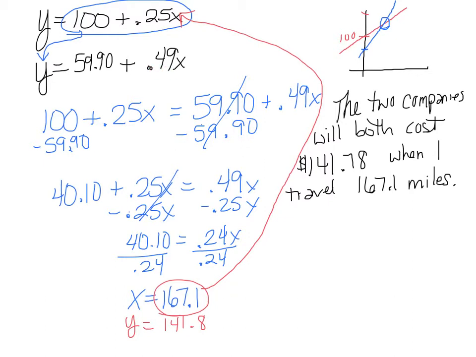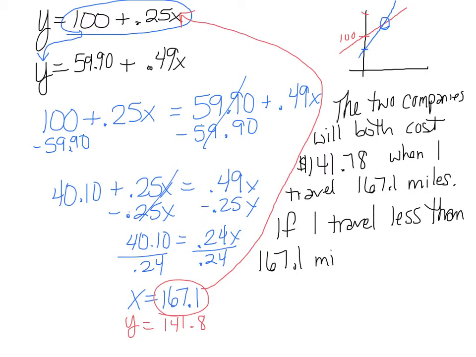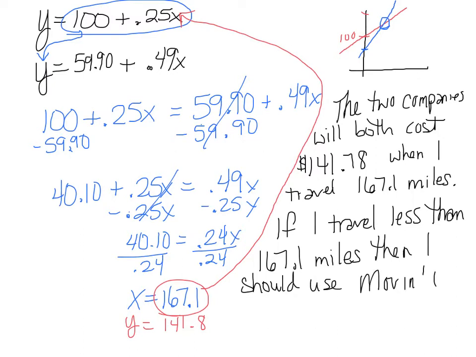So let's come back and write one more little statement: if I travel or move less than 167.1 miles, then I should use that second company, and that second company, remember, was called Moving Up. So then I should use Moving Up. And then obviously, if it's more than 167.1, then I'd want to use U-Haul It.